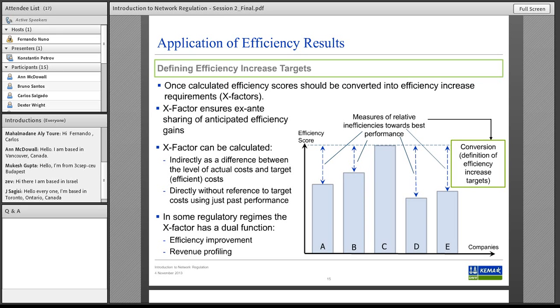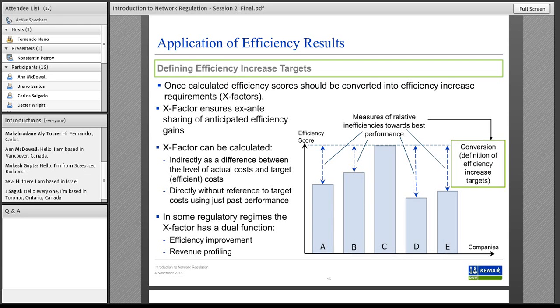For example, company A, B, company D, or company E, each of them is not so efficient as company C. And if we assume, for example, that company A is, let's say, assume 70% efficient, so it means 30% inefficient, so we have to look now what to do with this efficiency results.